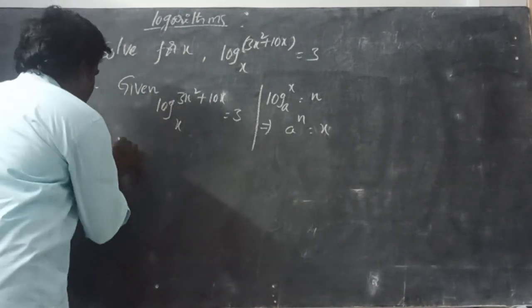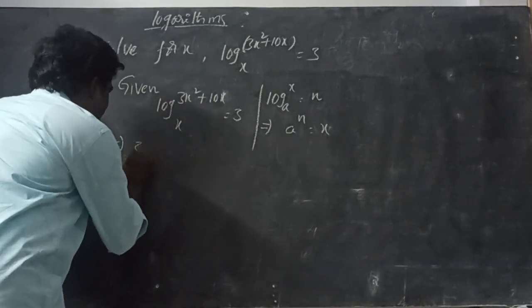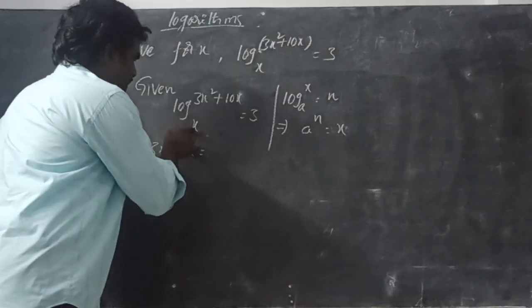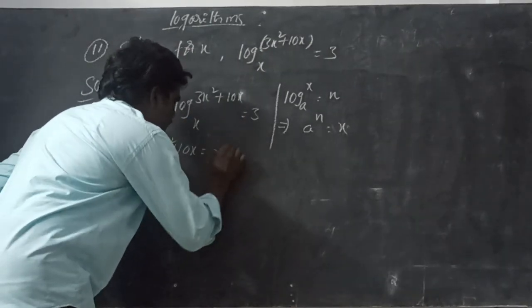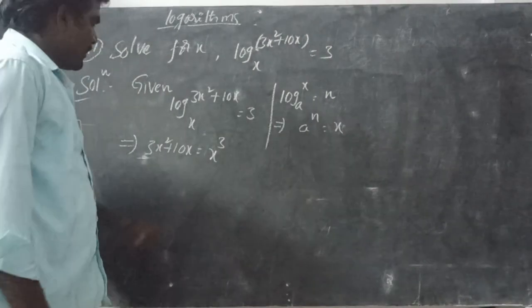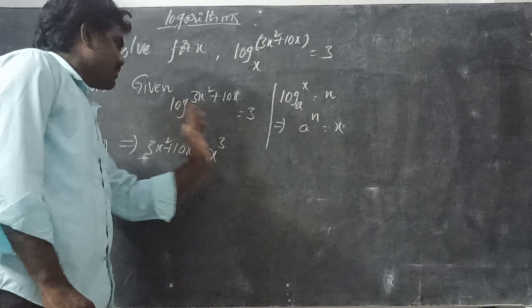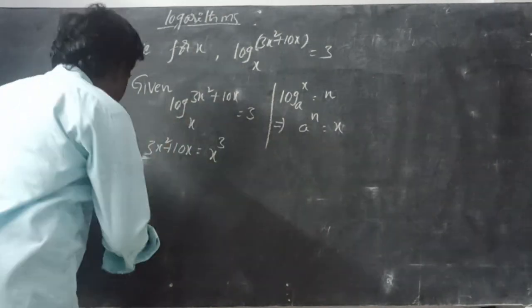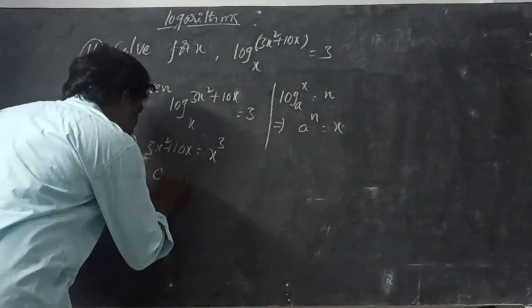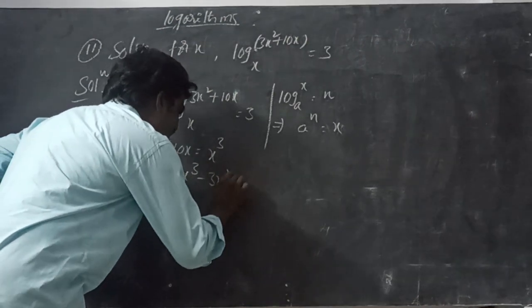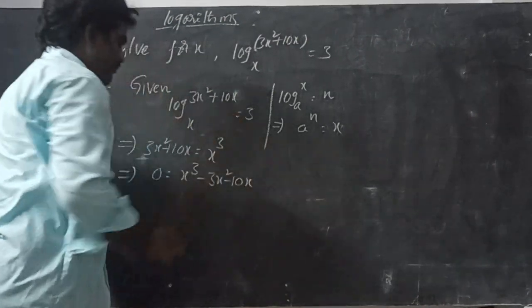So we can write this as 3x² + 10x is equal to x cube. This 3x² + 10x is going to the right side, what happens? Minus. So 0 is equal to x³ − 3x² − 10x.